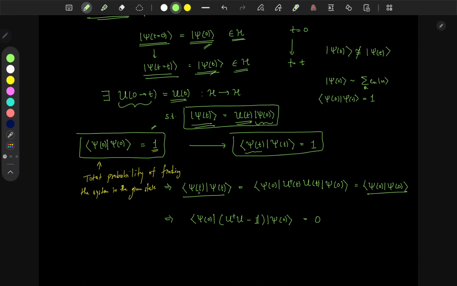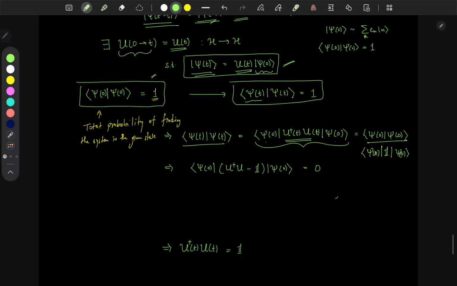And now when you write psi t in terms of psi 0 using this equation, you get this expression. Here, between psi 0 you have u dagger t u t, and here in between there's nothing, so that means you can write it as psi 0, identity operator, psi 0.